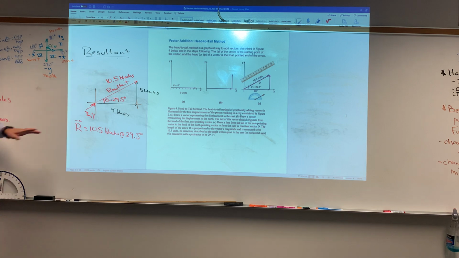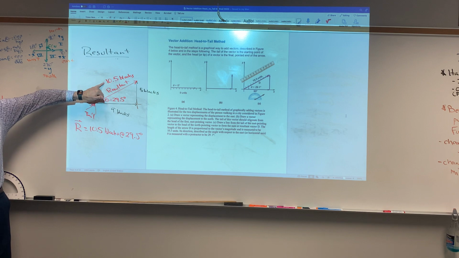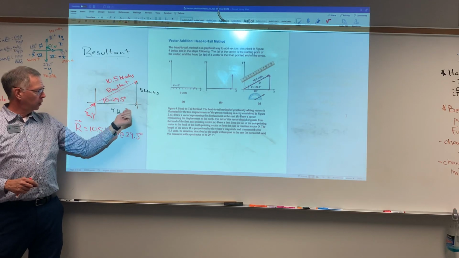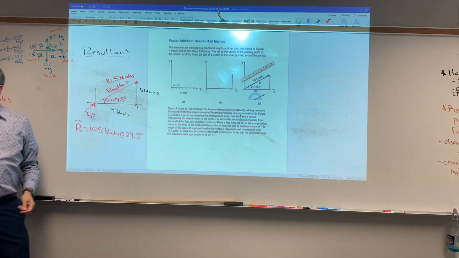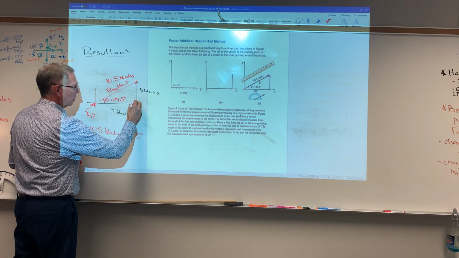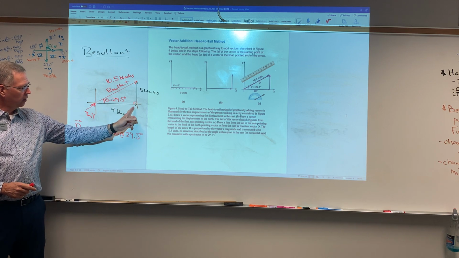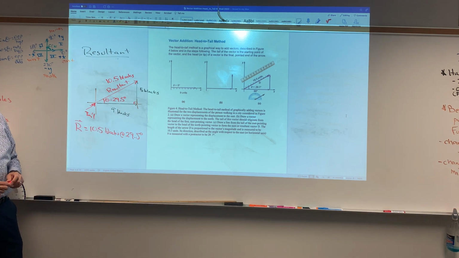Now, again, the accuracy depends on the accuracy with which you draw your lines, your scale. Is this truly a 90-degree angle? Did you make it 90 degrees, making sure the right triangle is a right angle?